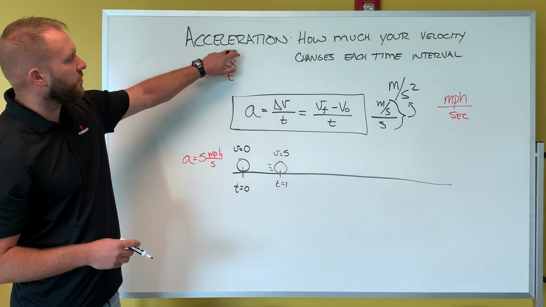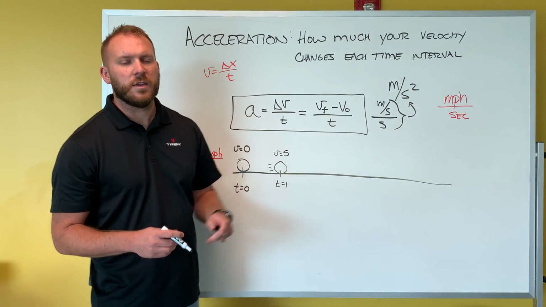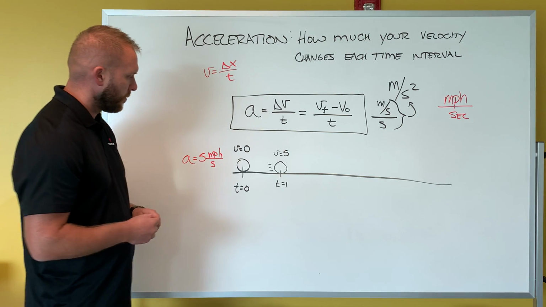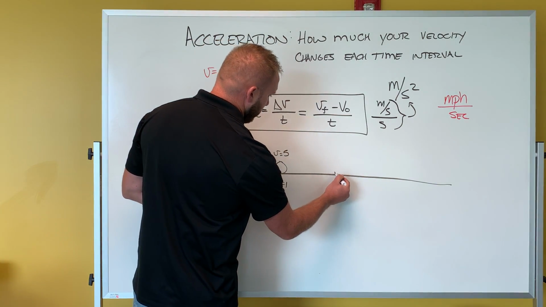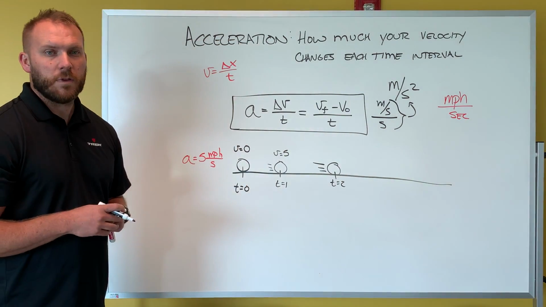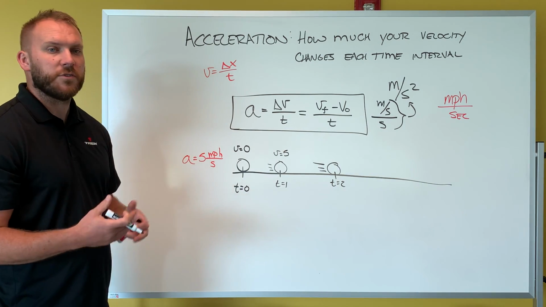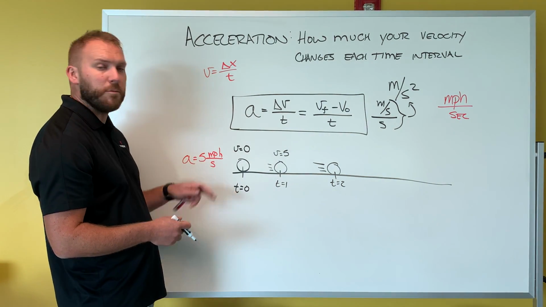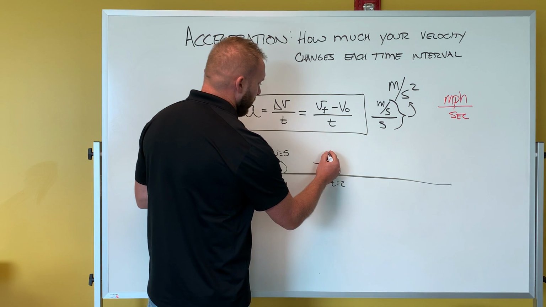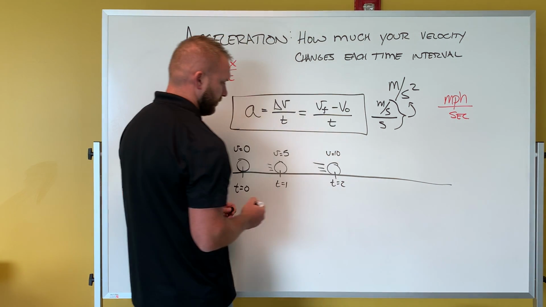Remember, acceleration tells us how much your velocity changes each time interval. After 2 seconds, the acceleration is telling us that it's going to be going faster. Its velocity is changing by 5 miles per hour. So now the velocity would be 10.